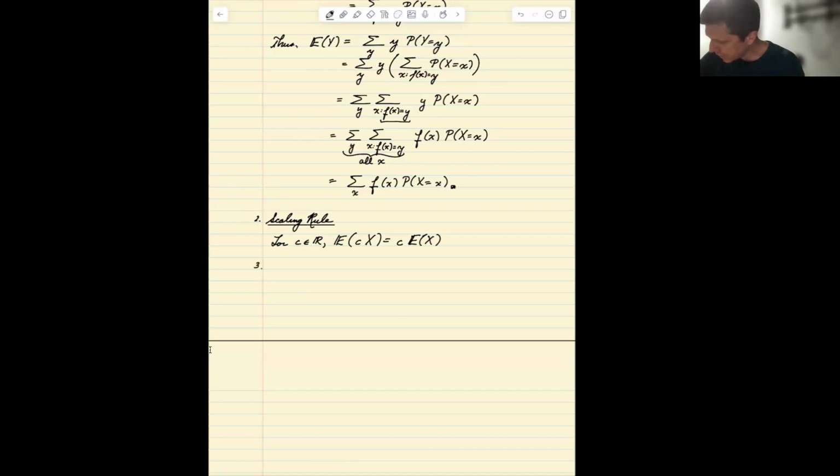The addition rule says that if x and y are random variables, then the expectation of x plus y is equal to the expectation of x plus the expectation of y.